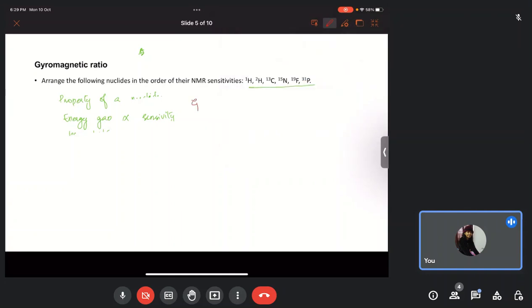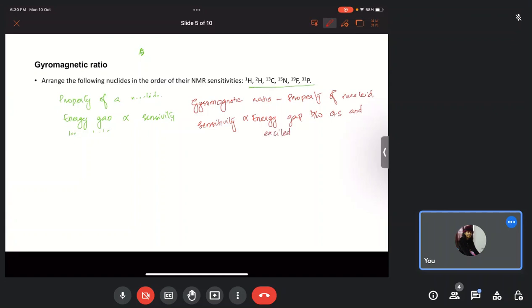So the gyromagnetic ratio is the property of the nuclide, and the sensitivity depends upon the energy gap between the states, the ground state and the excited state.